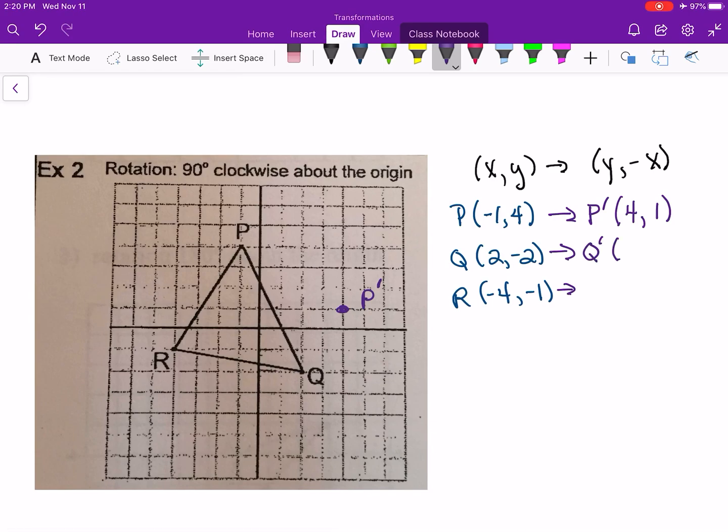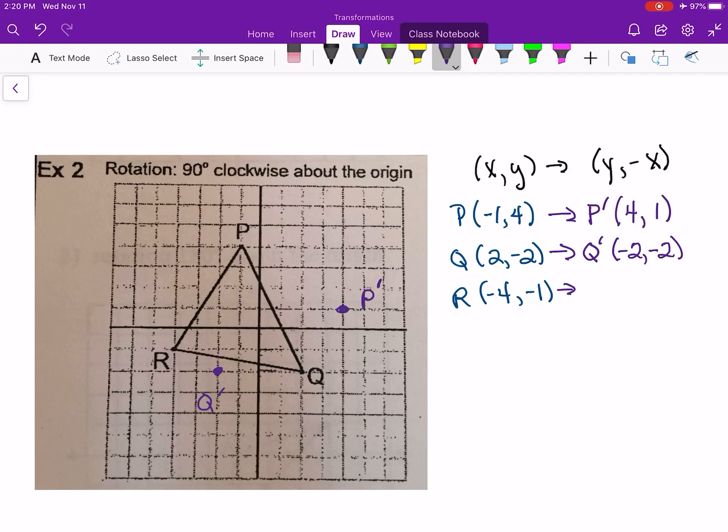Our rule says to write down the y coordinate, the old y from our original point, and then take the original x and change the sign. So it becomes a negative 2, and we'll graph the point negative 2, negative 2, and that is Q prime.